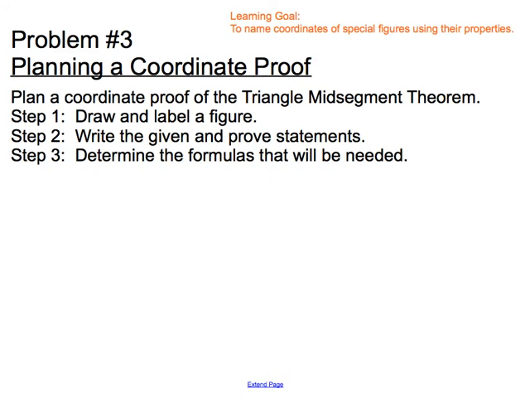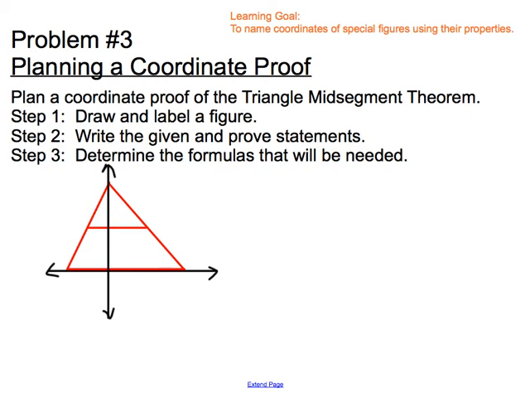So there are 3 steps to a coordinate proof, which will be our primary focus of section 6.9. So the first step is to draw and label a figure. So if we wanted to plan a coordinate proof of the triangle midsegment theorem, which is theorem 5-1 in your book, we should first start with a triangle and its midsegment.